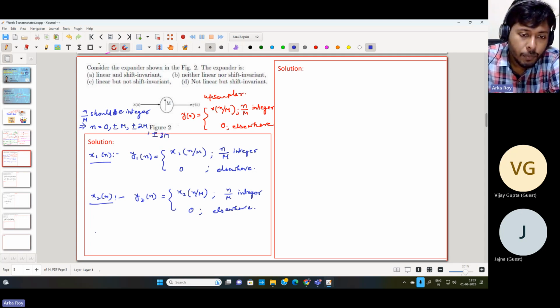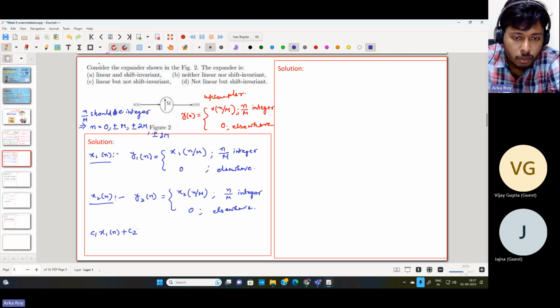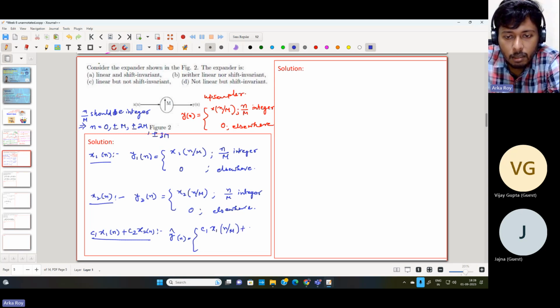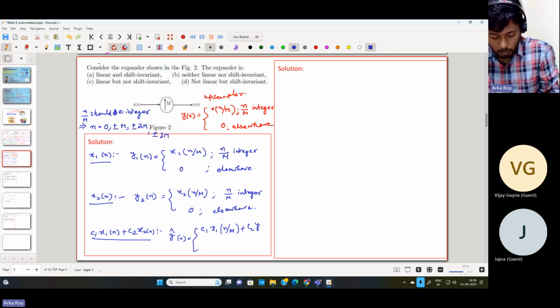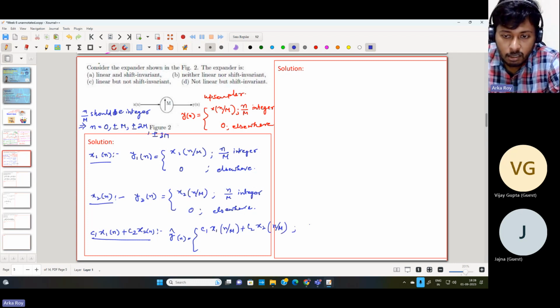Now let us consider that we are applying a linear combination of the inputs, therefore C1 x1n and C2 x2n. At that time, let us consider the output to be y hat of n. That y hat of n will be C1 x1 of n upon m plus C2 x2 of n upon m, and the condition is just the same: only n upon m should be an integer and 0 elsewhere.